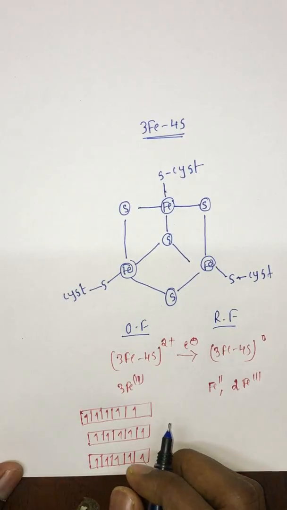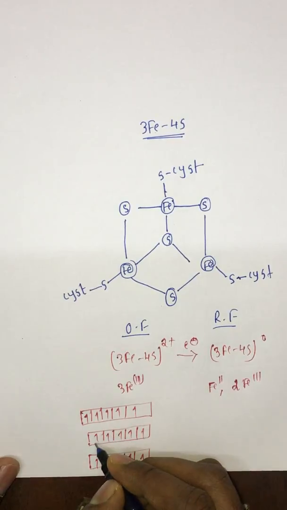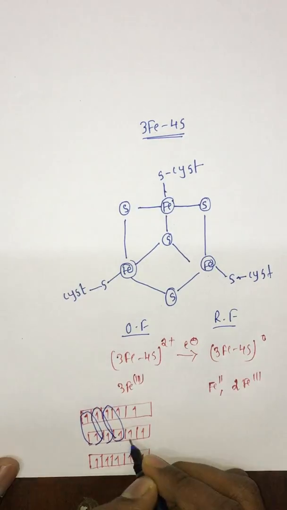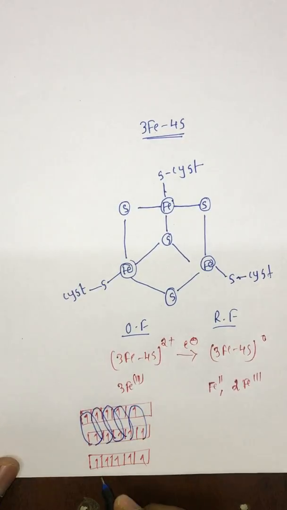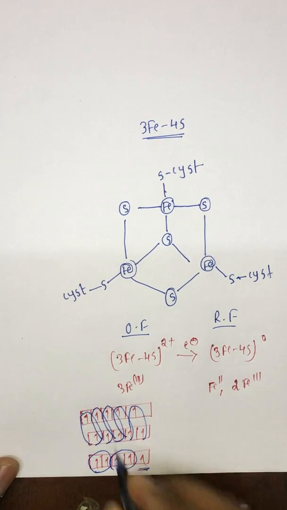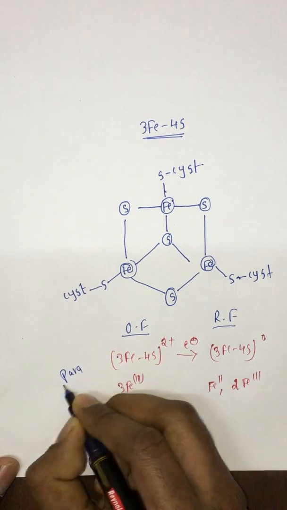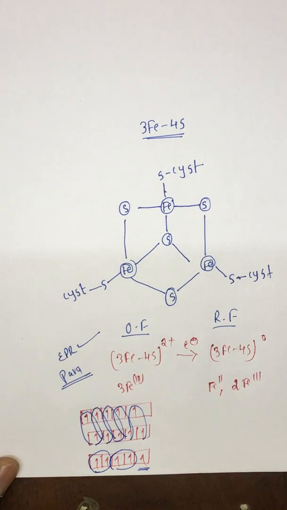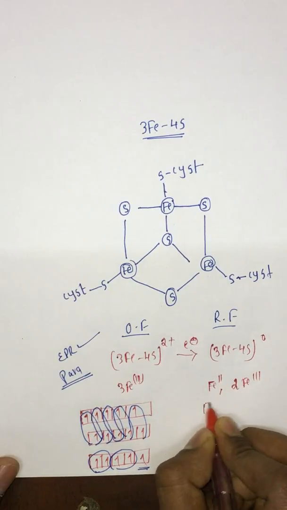So here also we see the antiferromagnetic coupling like this, and now these two get coupled and these two get coupled, so this will remain as such. So this is paramagnetic in nature. Okay, then EPR active also. And now we'll go for the reduced form.